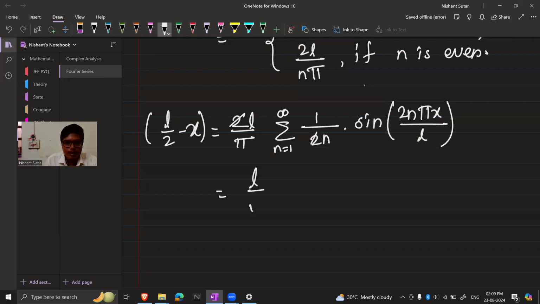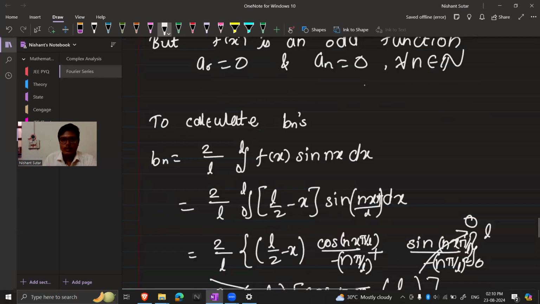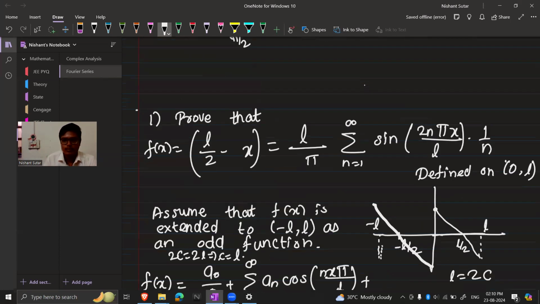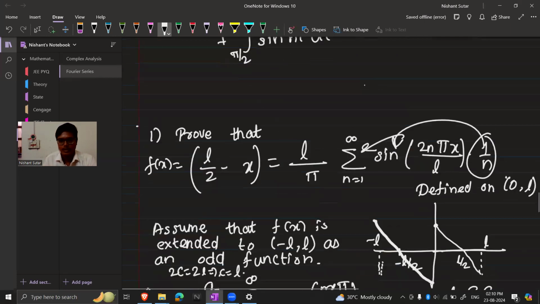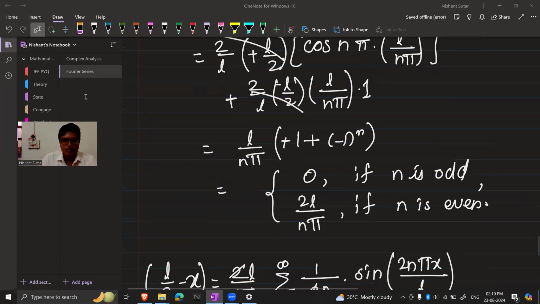So we are left with L upon pi, summation n equal to 1 to infinity, 1 upon n sine 2n pi x upon L, which is our target. So we wanted to prove this. Now we will discuss the next problem.